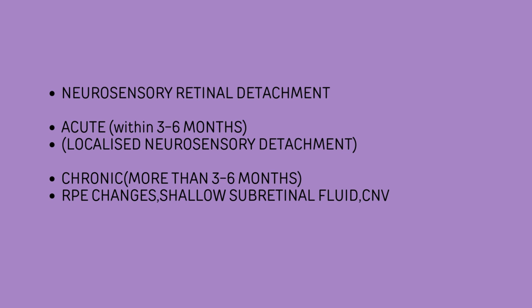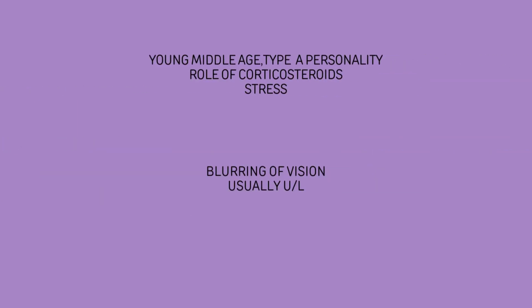While chronic CSCR time duration is more than 3 to 6 months. In chronic, there are RPE changes, shallow subretinal fluid, and even choroidal neovascularization can develop.